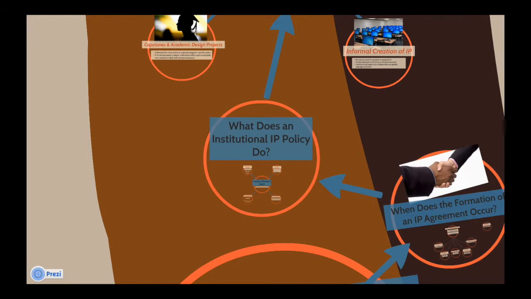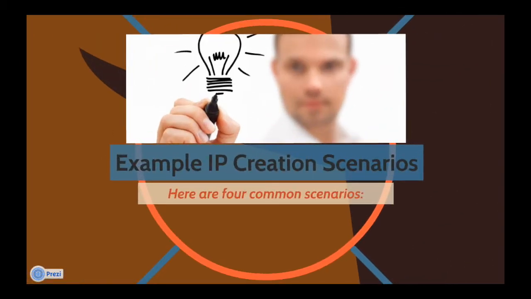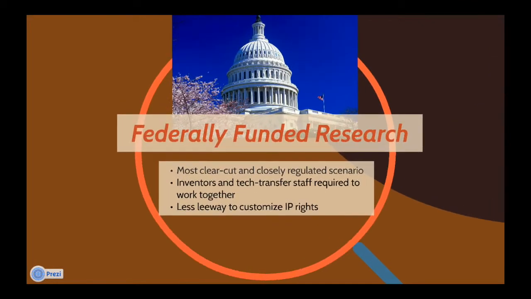Now that we've talked about what these policies actually do, let's look at 4 common examples of how IP is created on institutional campuses. The most clear-cut and closely regulated scenario is when federally funded research leads to the discovery of a new invention. As discussed previously, federal law explicitly authorizes institutions to claim ownership over federally sponsored inventions.